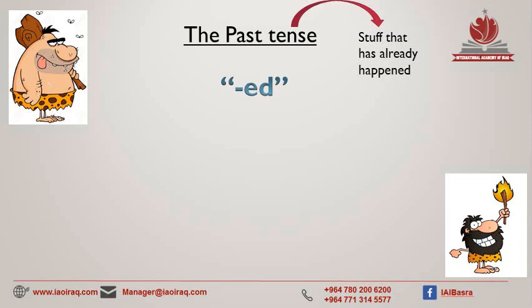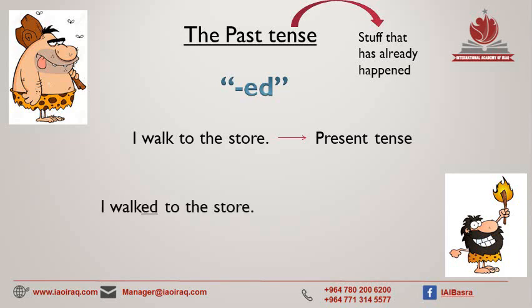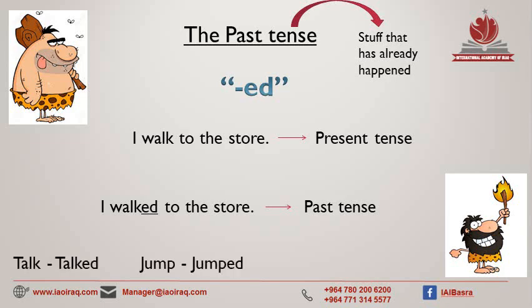So if we take a word like walk, as in, I walk to the store, that's present tense, happening right now. But if I wanted to put that in the past tense, I would say, I walked to the store. So I took the verb and I added ed. So that's the past tense. More examples would be talk, talked, jump, jumped. So pretty easy, guys, and let's move on.